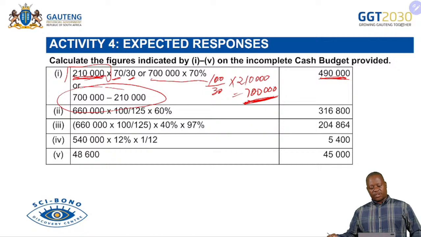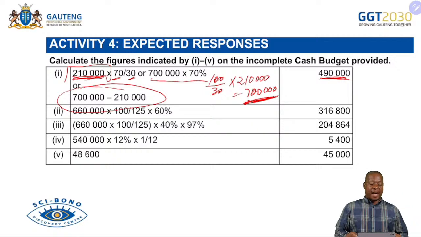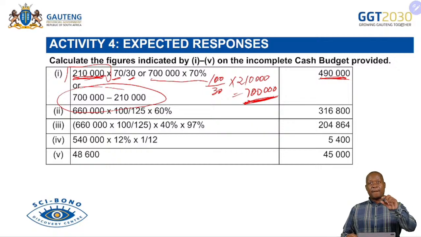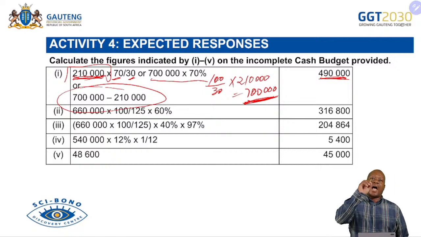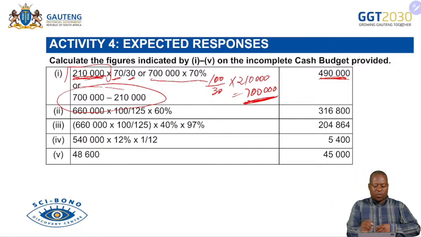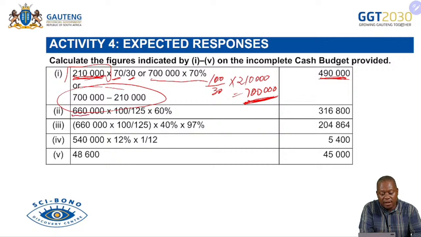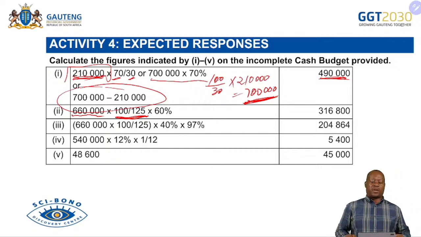Now, let's move on to number 2. Number 2 was asking us to find cash payments to creditors. Remember that, right? And remember, we are not given any creditors. We are given sales instead. And what is it that we did? We said, let's use our markup to find our purchases. So that's why we are saying the sales multiplied by 100 over 125, because the markup is 25%, you still remember, right?